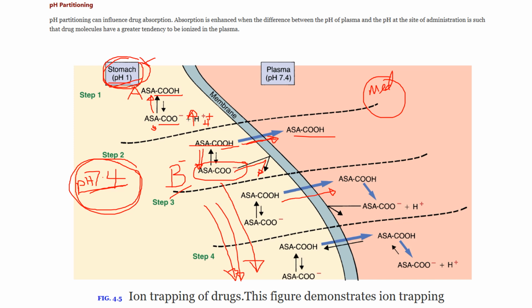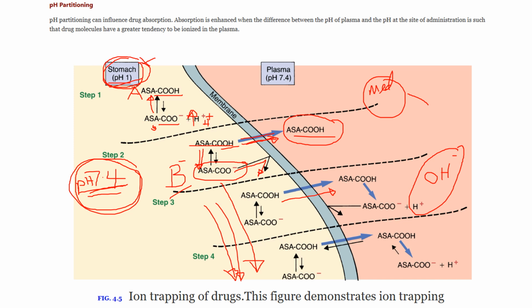Now, the example I just gave of when you change the environment and it's now basic, that is what happens normally in the plasma. And so once the acid form has crossed the membrane, you can see that big arrow. What happens now is, because the environment is basic, meaning it has a lot of OH minus ions, guess what? OH minus ions and hydrogen ions become water.